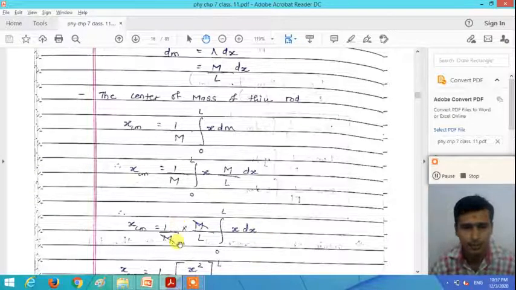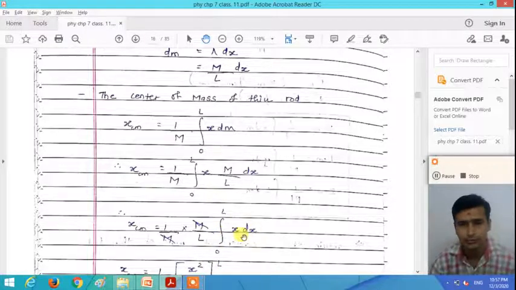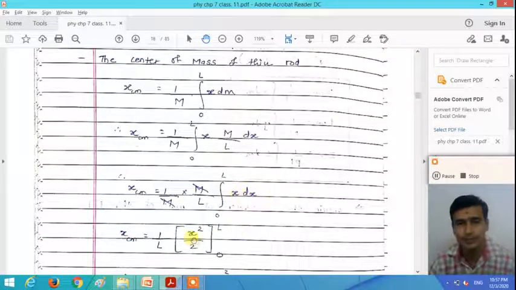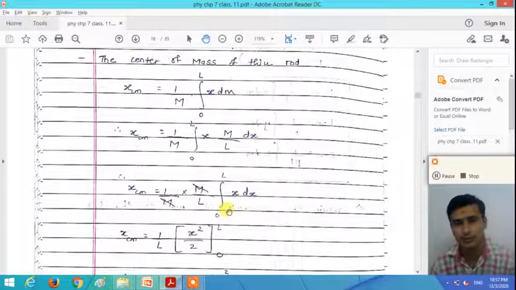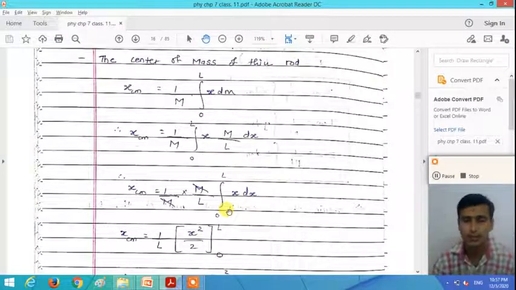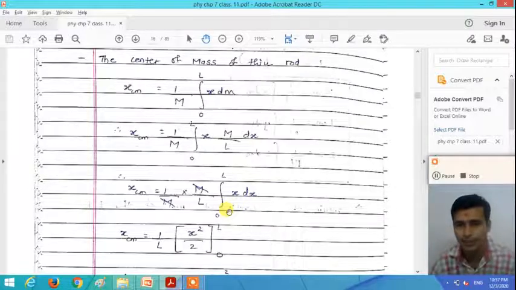Here the M's cancel out, we get 1 by L. Now the integration of x dx is x square by 2. For the integration, see video number 6 of chapter number 0, so you can easily understand how we integrate x dx.